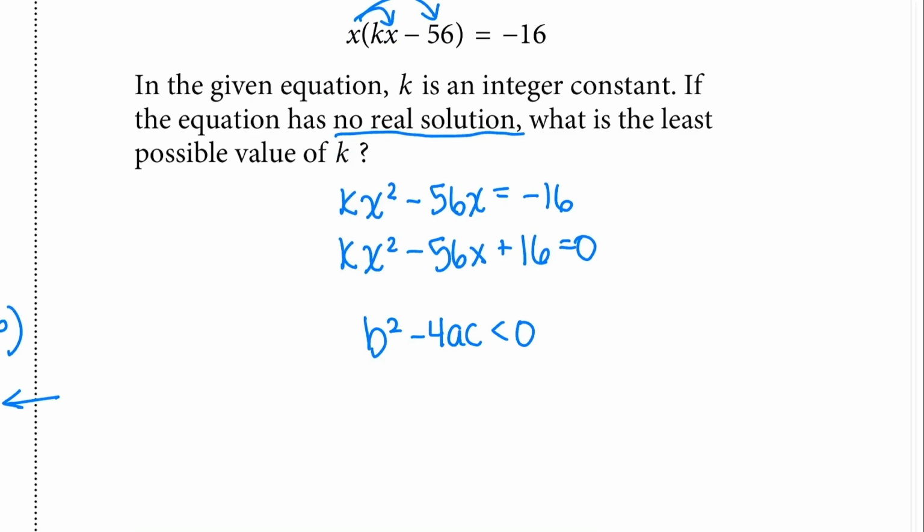So our b value is going to come from in front of our x value, so negative 56. Our a value is going to be the number in front of x squared, and our c value is going to be this 16 here. Let's plug in all these values and see what we get.